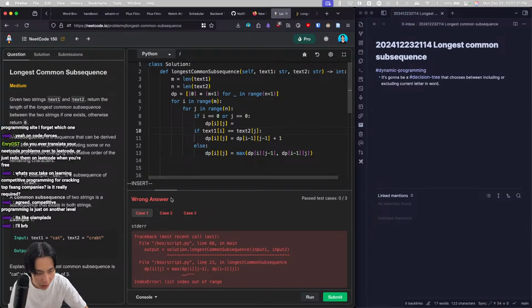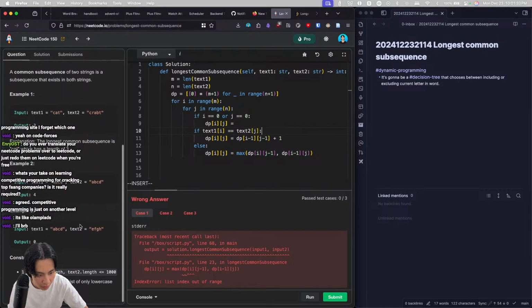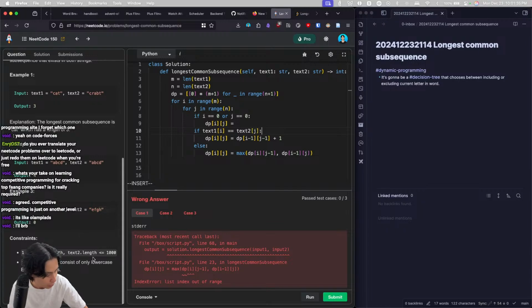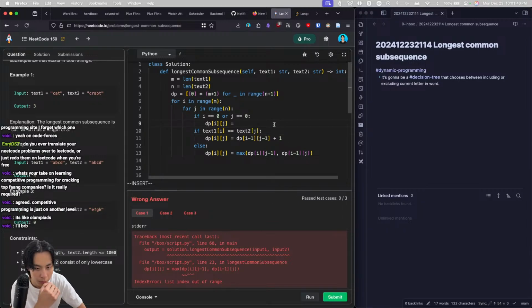Okay, I think I might be stuck again. Fine, j equals 0 though. What does that tell me? i or j is equal to 0.